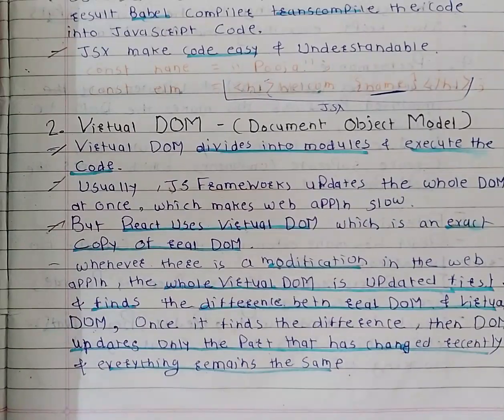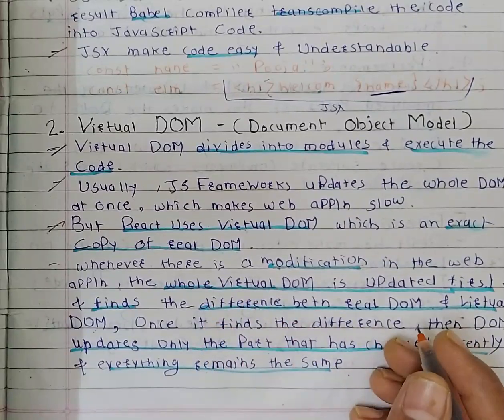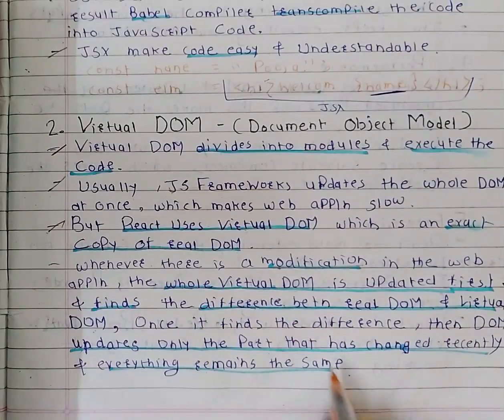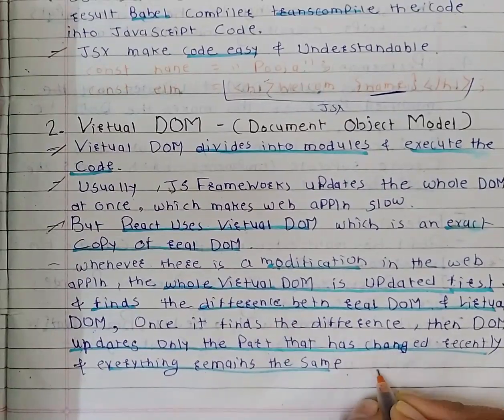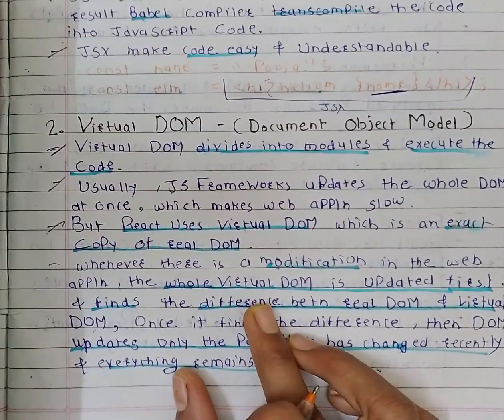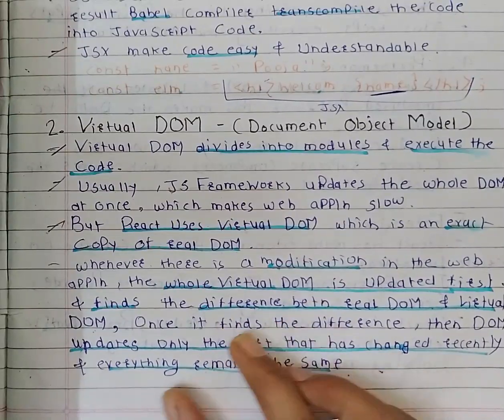In other applications, it always updates the original DOM at once. But in the case of React, first it updates the virtual DOM, then it compares this virtual DOM with the real DOM.